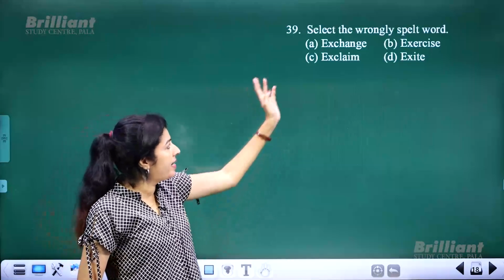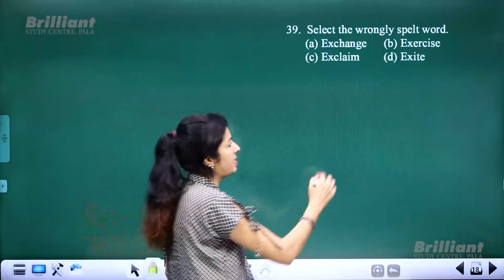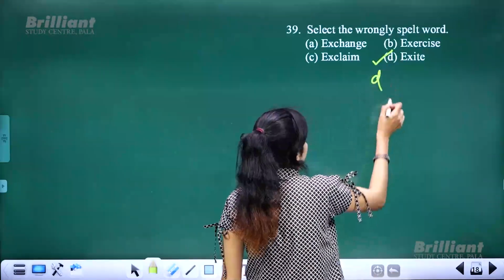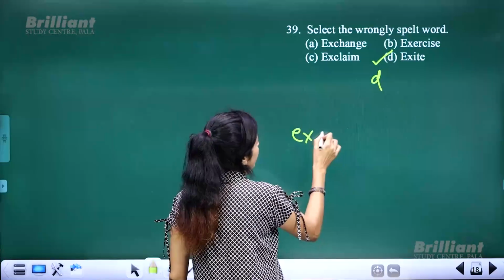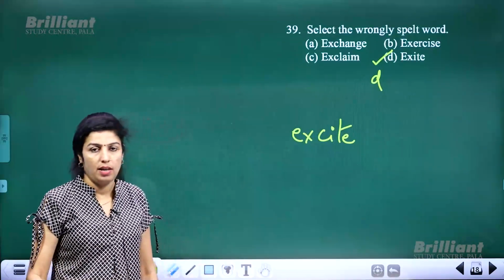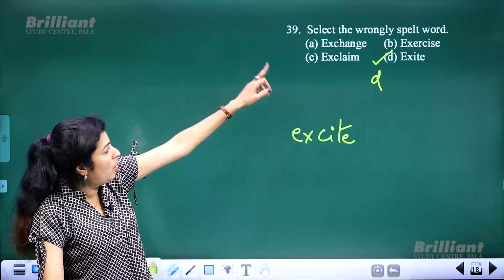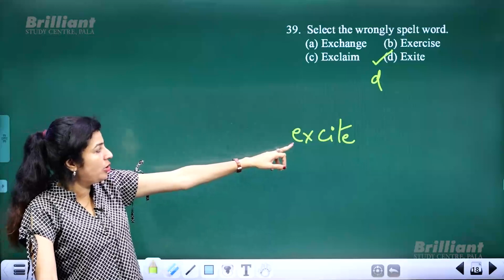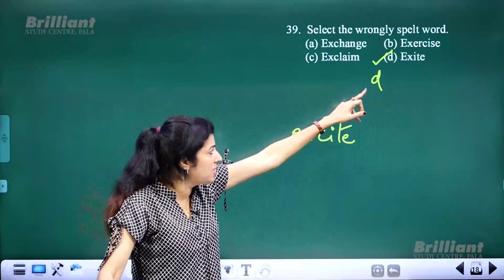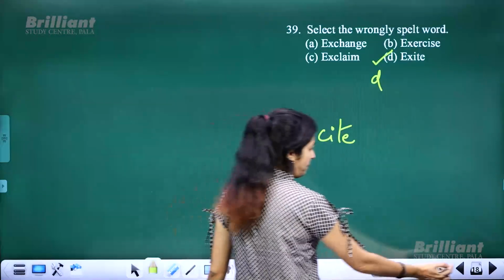Exclaim, that also is correct spelling, but excite has got the wrong spelling. The correct spelling is E-X-C-I-T-E. You know the meaning of excite, excited, excitement, etc. So option number D, excite, should have a C which is missing, and that is why it is wrong spelling, and that is your answer.